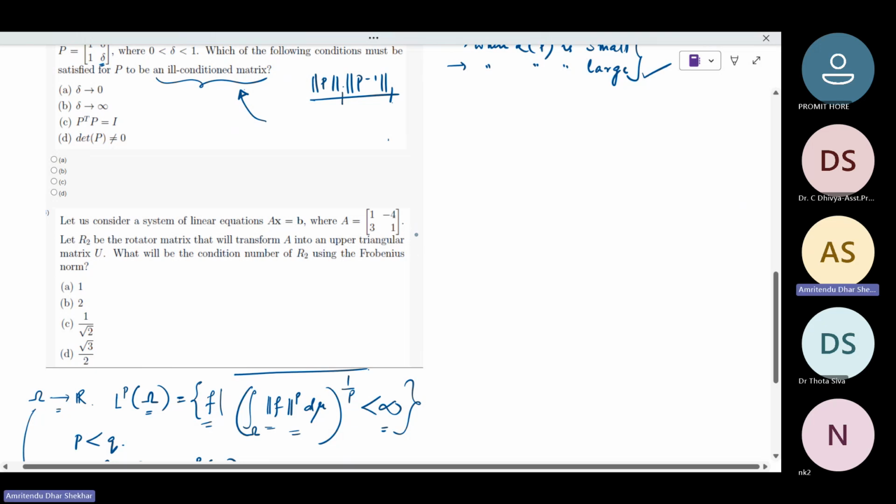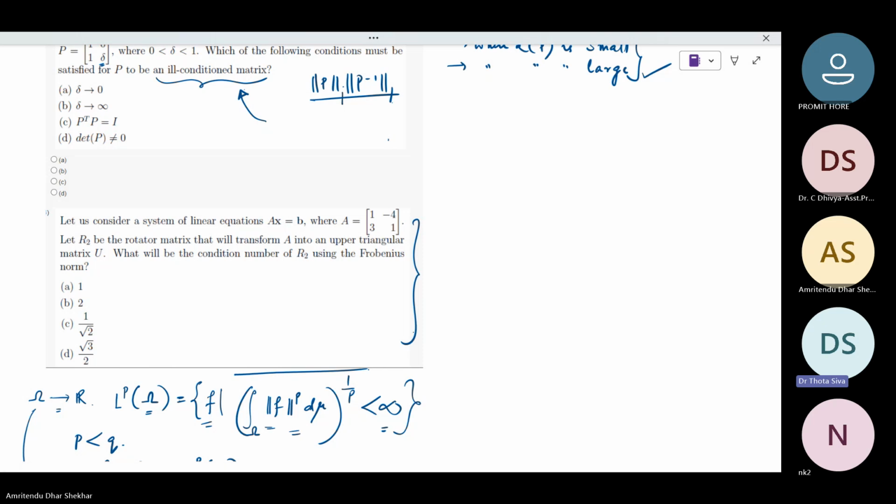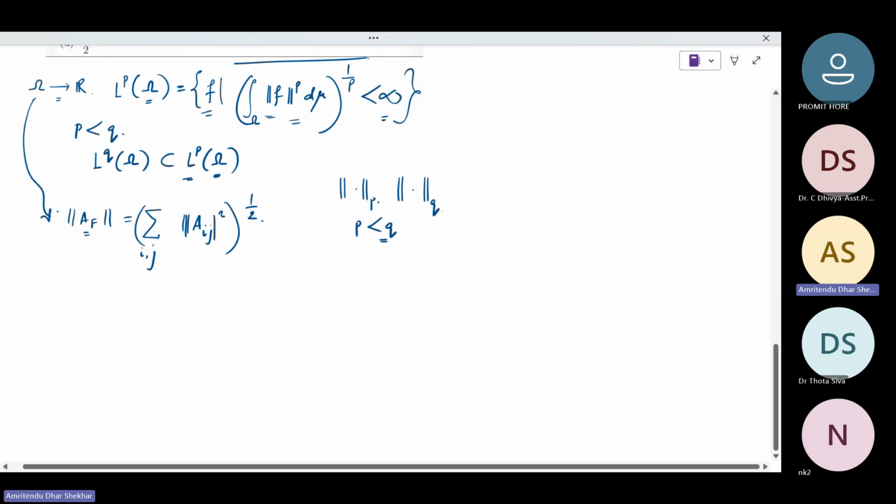Let's look at this fourth question. Can you define the standard matrix norms, like the one norm of a matrix, the two norm of a matrix? Yes, the standard matrix norm is defined in this way. You are given any kind of vector space which has a norm in it.